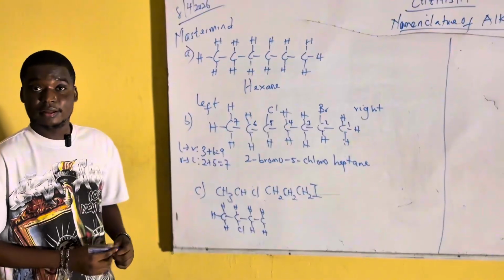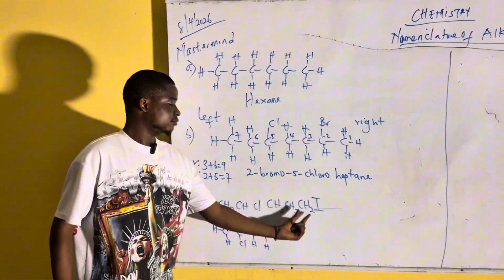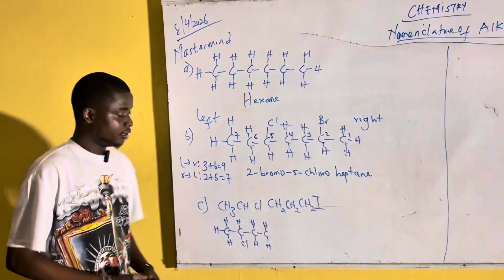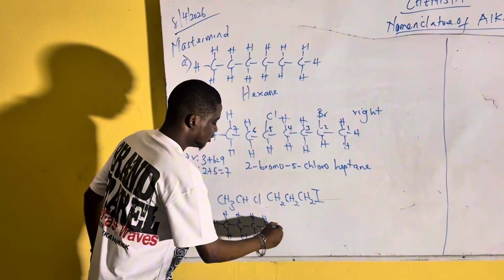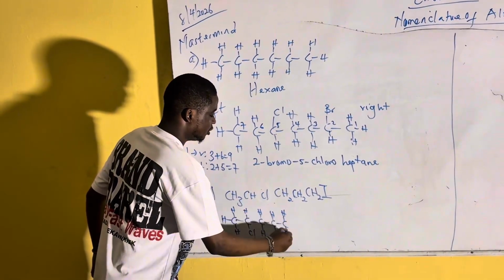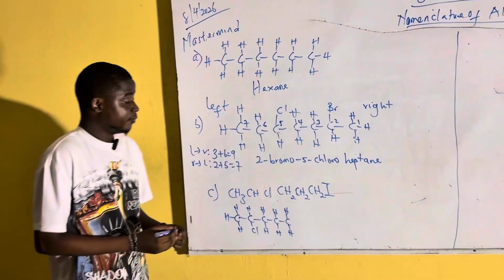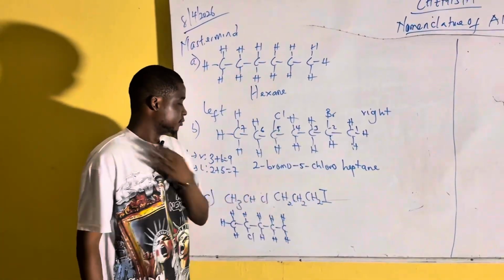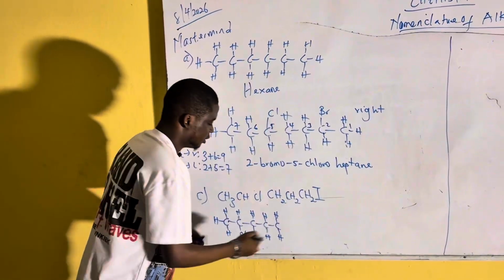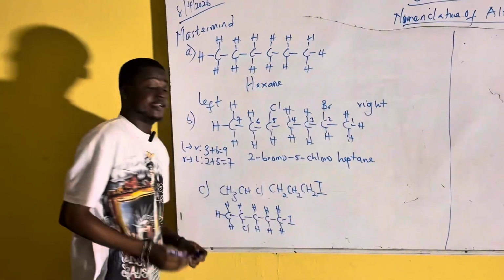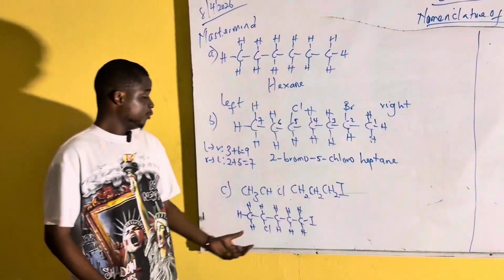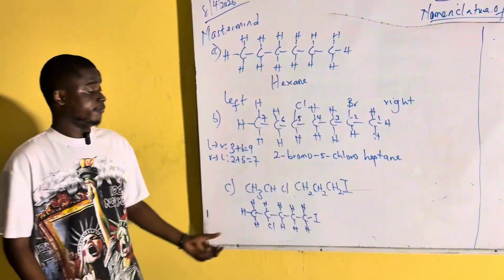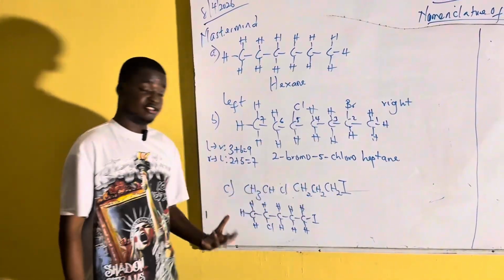We have CH2, and we have CH2. And then the last atom is iodine, which is I. So this is the open chain form of this condensed structure.